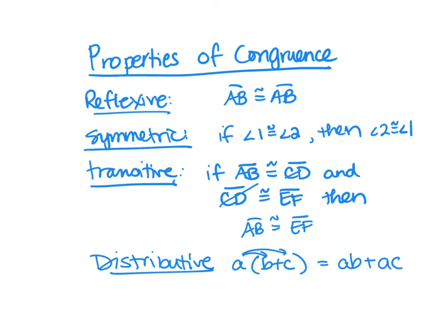Okay, so let's just try a couple of examples. I just want you to state what the property is of the ones that we have learned. Number 1. Angle P is congruent to angle P. Here's the next one.